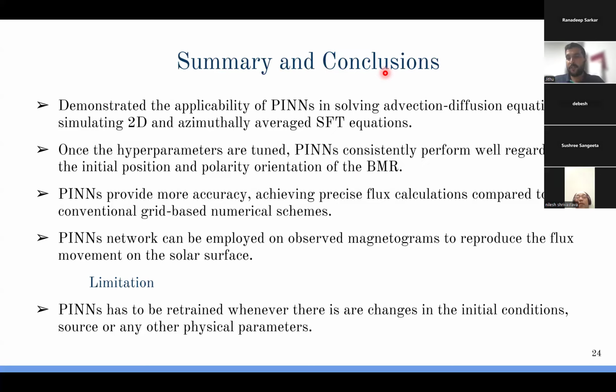The only thing you have to do is retrain the network, because since you are changing the initial condition, the whole problem has changed. You will have to retrain the network to incorporate the new initial conditions. We have tried different input conditions, different forms of sources, as well as different polarities, and the network works well with all of them.